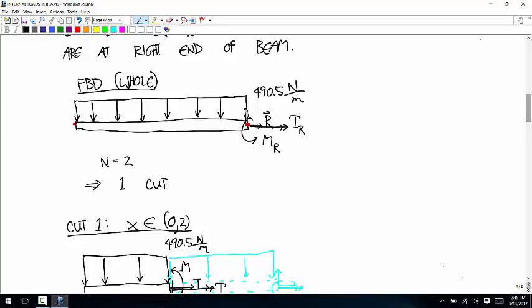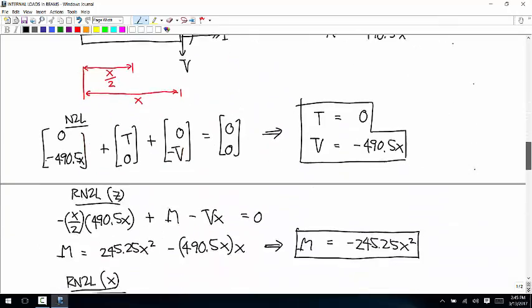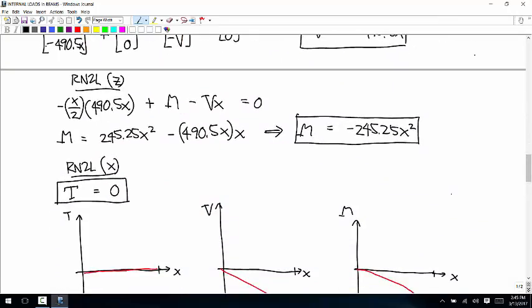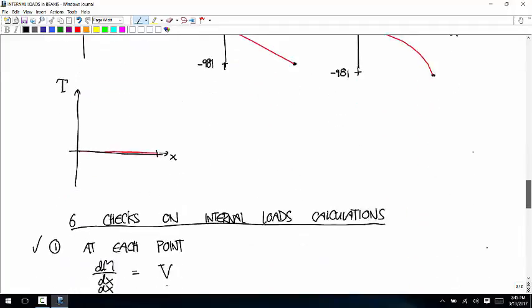We didn't calculate it, but there is one. And so if we had calculated those, we would see we should have a bending moment at the right end when x is equal to 2. So look at the bending moment function. Plug in x equals 0, you get 0 like we expected. Plug in x equals 2, you get something. And so that one checks out.